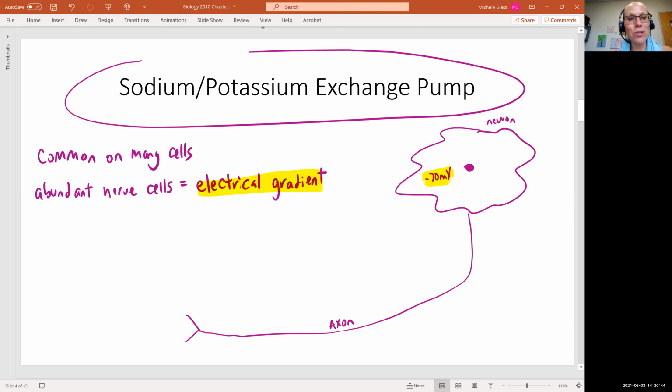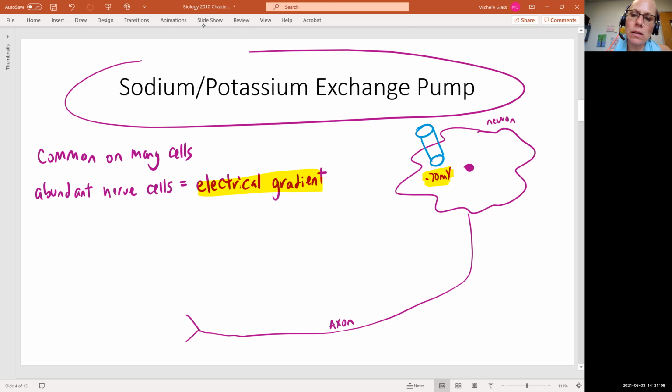The significance of the sodium potassium exchange pump is that it's creating this electrical gradient, this slight negative charge. And it's doing this because we're going to draw our protein channel. I'm going to draw my pump. I'm just going to create it to look sort of like a cylinder. Okay.